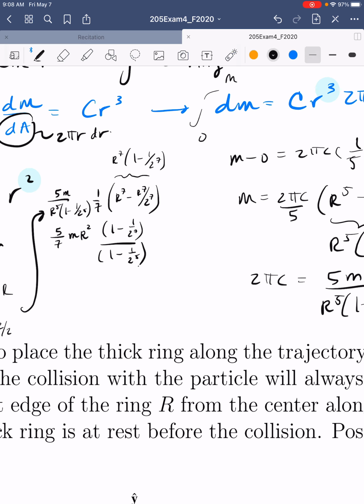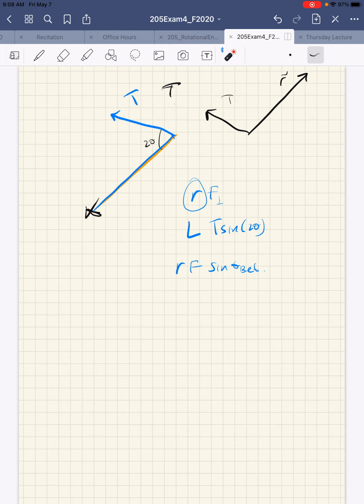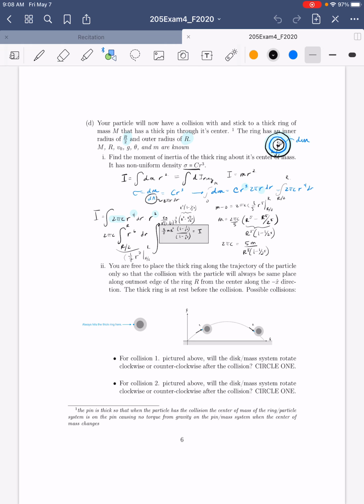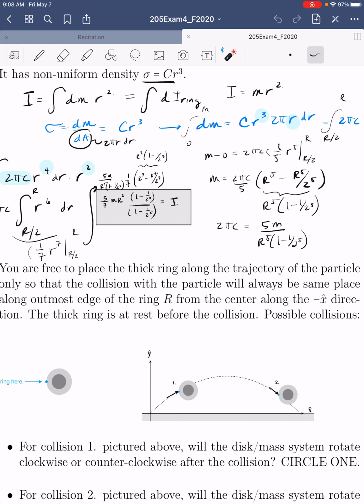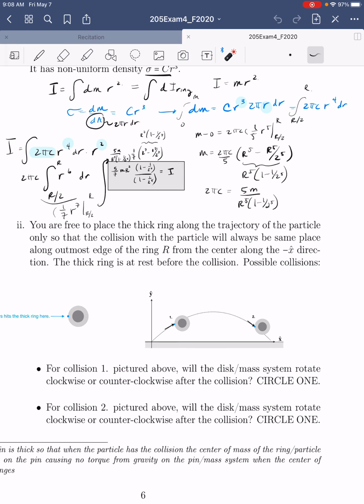I'm going to stop right now and just leave this as I. This could be my final answer. Maybe I'll simplify it a little bit and see what I have to do with it later on. But for now, that's good enough for me. Here it is. I've found the moment of inertia of this thick ring. Now, let's deal with it.